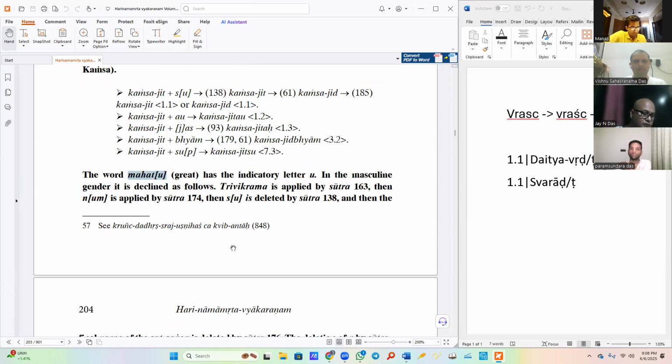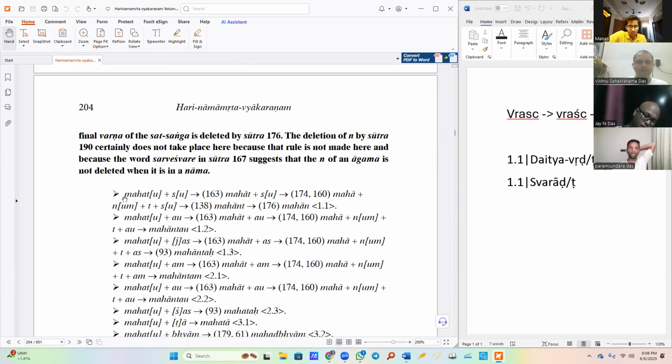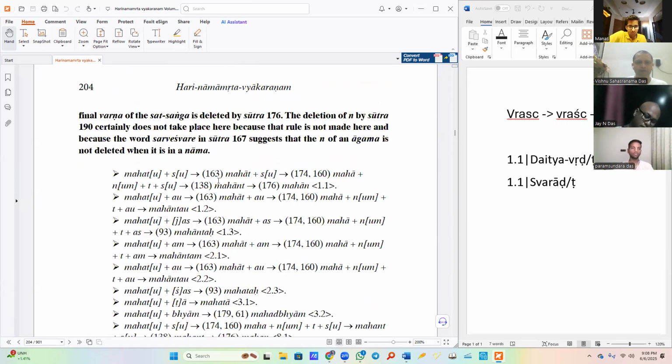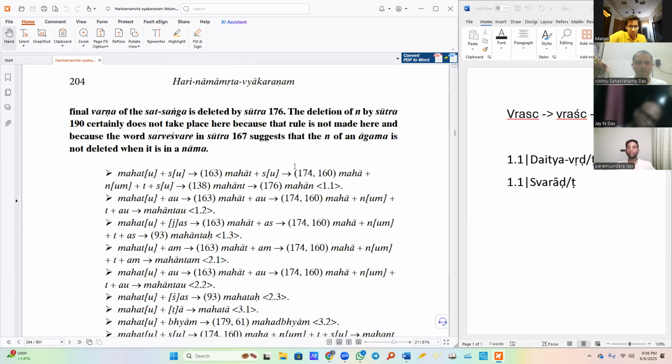Mahatu has Urama as indicatory letter, and Urama is Chatursana, right? Mahatu plus Su. First of all, if you remember that sutra, Nanta Dhatu Varjita Santa Satsanga Mahadapam Uddhavasya Trivikrama Krishna Sthane Buddhamina.